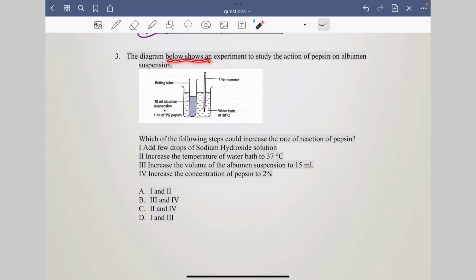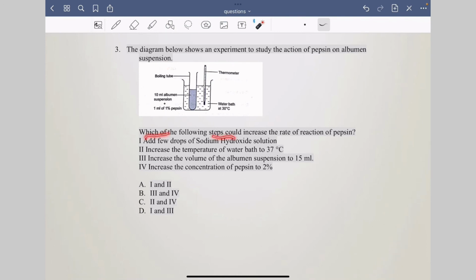Diagram below shows an experiment to study the action of pepsin on albumin suspension. Which of the following steps could increase the rate of reaction of pepsin? Pepsin is an enzyme that can be found inside our stomach, and it needs an acidic condition.